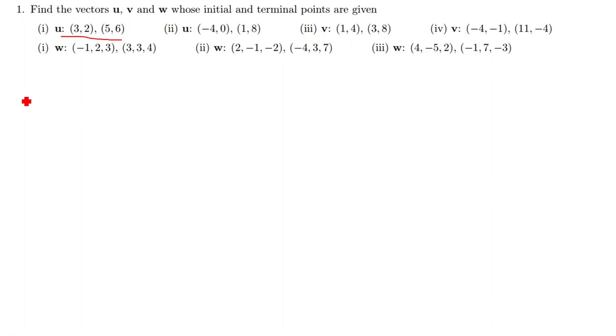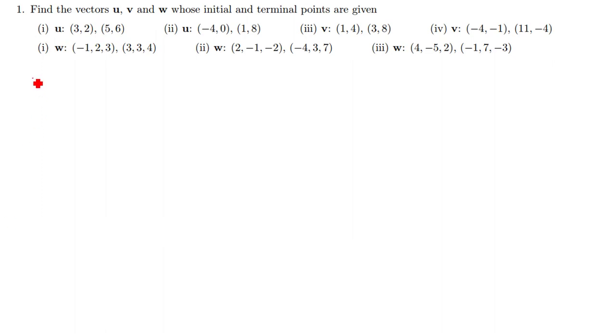I'll just solve maybe 1 or 2 questions from here. To find a vector, you always start with the head minus the tail. So you start with the point on the head and then minus the point on the tail.